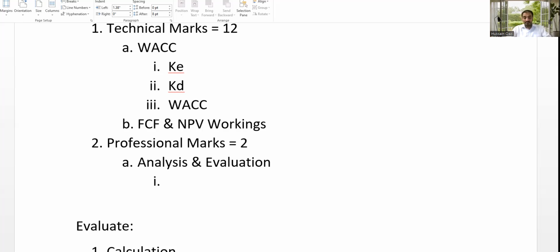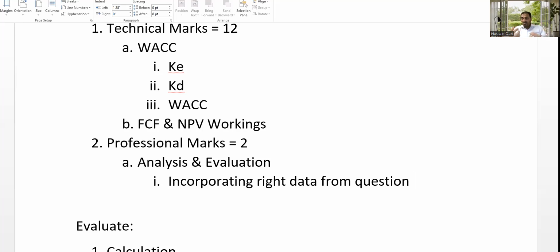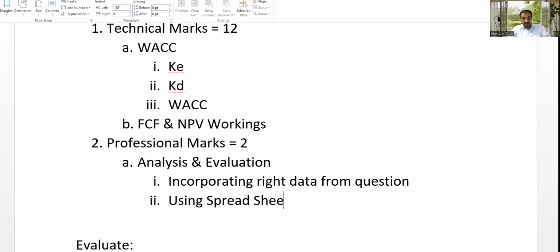Number 1, incorporating the right data from the question, meaning taking the numeric information from the question and incorporating it in the spreadsheet, is a part of analysis. It is a part of calculation having professional marks. Using spreadsheet functions is also a part of professional marks.